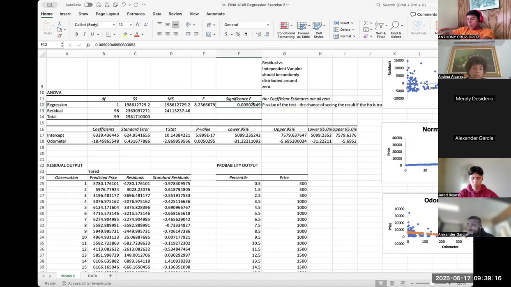And the chance is really small. What's the smallest it can be? Or sorry, what is small? Let's say it like that. What is small in regression analysis? If a p-value is less than what?